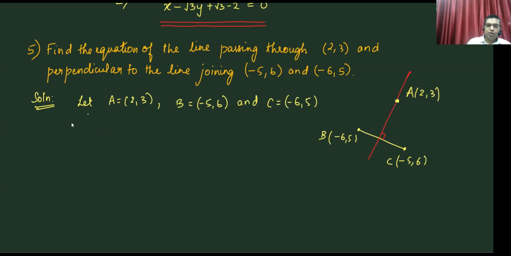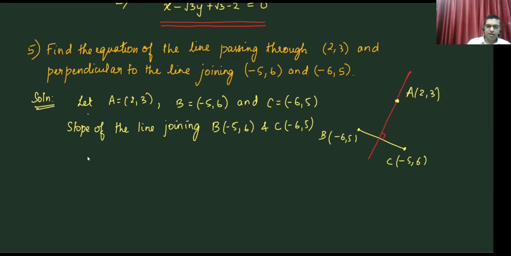Now the slope of the line joining B minus 5 comma 6 and C minus 6 comma 5 is, say, M1.